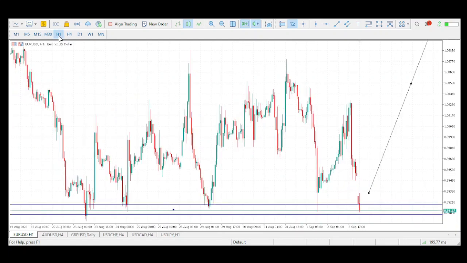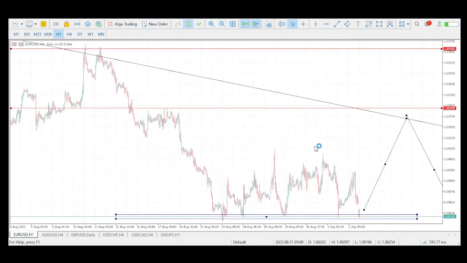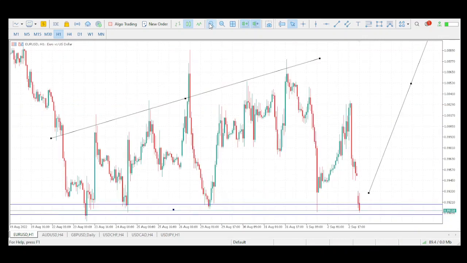Let's go to the 1 hour time frame. On 1 hour, let me zoom in and see it very clearly. We can also observe something here: a kind of uptrend around this zone. Don't draw across the body.